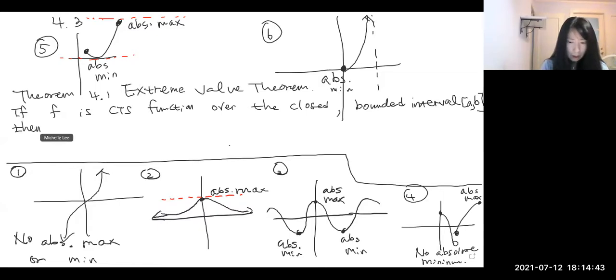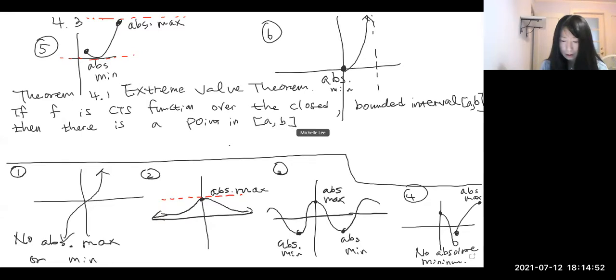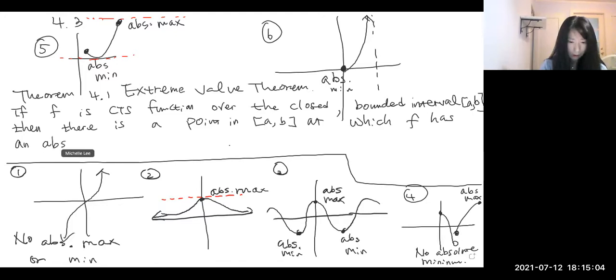Then there is a point in the interval [a, b] where f has an absolute maximum over [a, b].